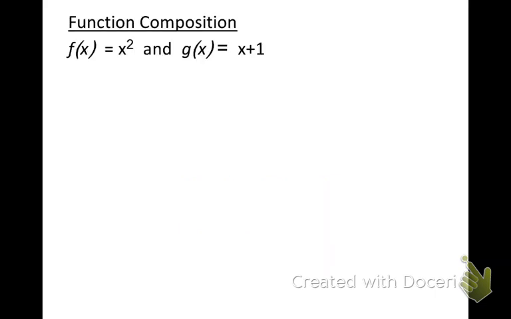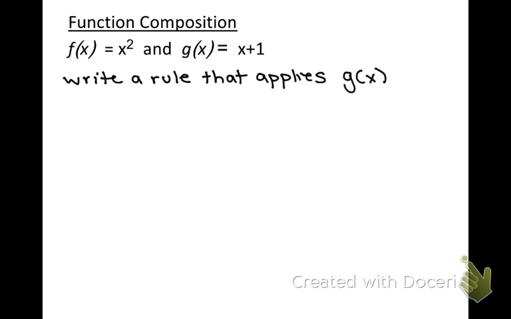So, if we look at function composition and we just talk a little bit generically about f of x, which equals x squared, and g of x equals x plus 1, I might want to write a rule that applies g of x and then applies f of x.